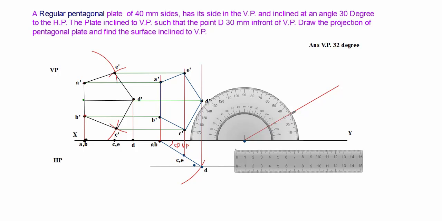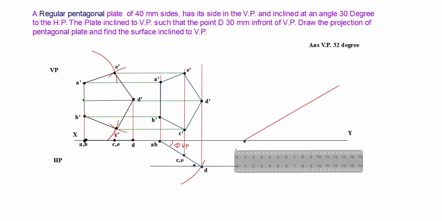That is the side going to incline with HP plane, and this inclination is 30-degree.